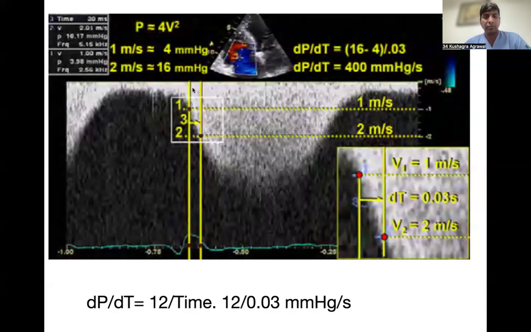So around 3 milliseconds is required to generate this 12 millimeter of mercury pressure. So when we divide this by the time, we get the dP/dt ratio. Normal is around 400 millimeter of mercury per second.